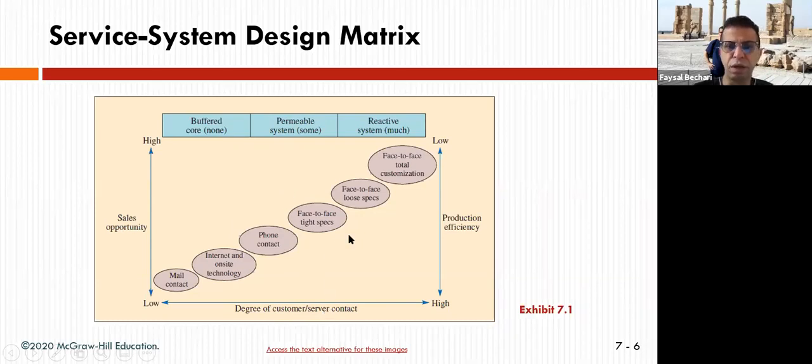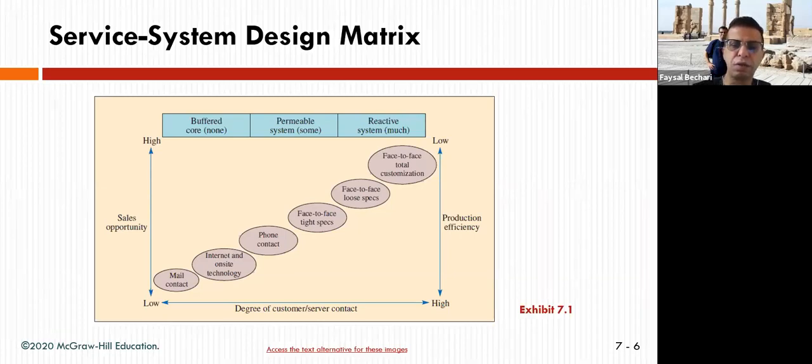Then you have the extreme one, where the sales opportunity is very high and reactive. You respond to the customer's request accordingly, and this is where you can have a high sales opportunity.